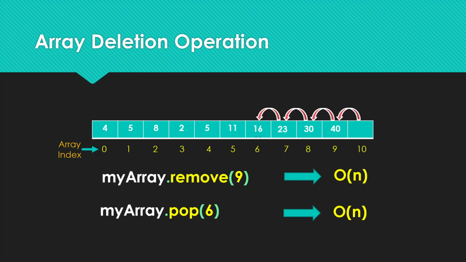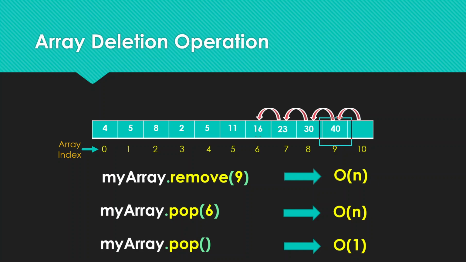Now the pop function can also be used without passing any value, and when you do this, then it deletes the very last item on the array. So if the last item in our array is 40, then it's going to delete it, and the runtime complexity for this is O of 1 because we will not need to shift any items. That is number 1.